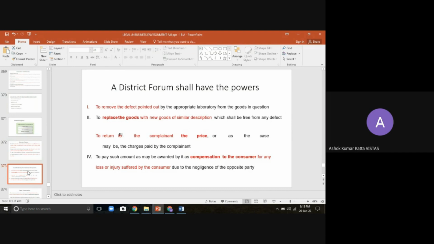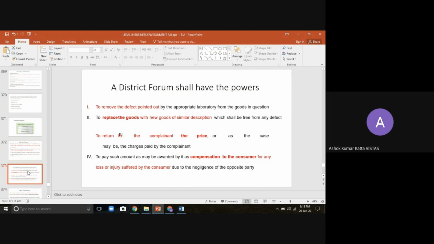If that is not possible, you need to replace the whole product, or else repay the full amount of money. If even that is not accepted by the company, then ultimately the district level judge will take action against the company.